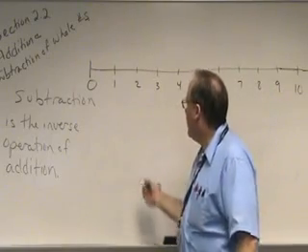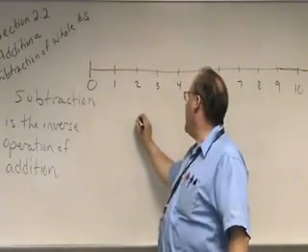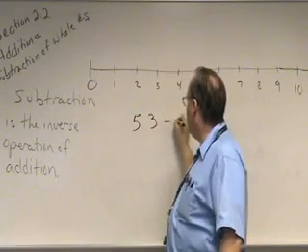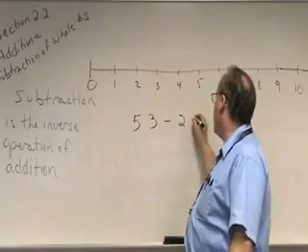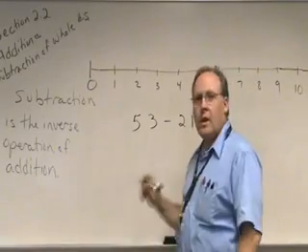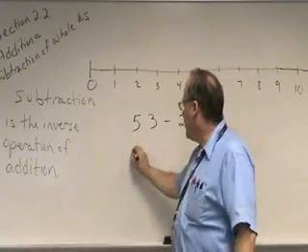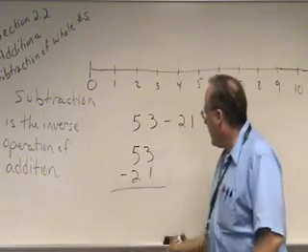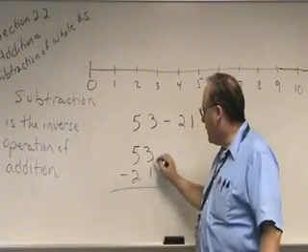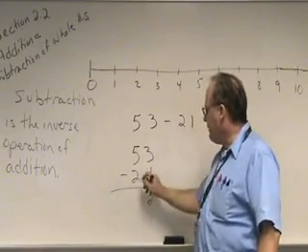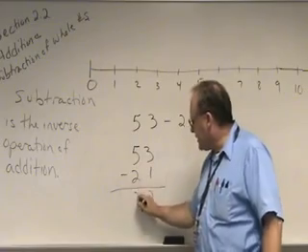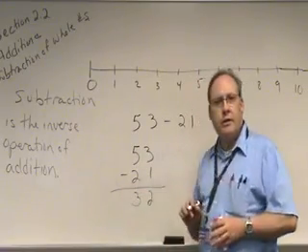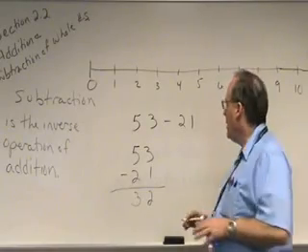So we know that if we have, let's say, 53 minus, let's say, 21. We can deal with that as a takeaway idea, 53 minus 21. And we can say, well, if I take 1 from 3, I've got 2. And if I take 2 tenths from 5 tenths, I've got 3 tenths. And so my result is 32.